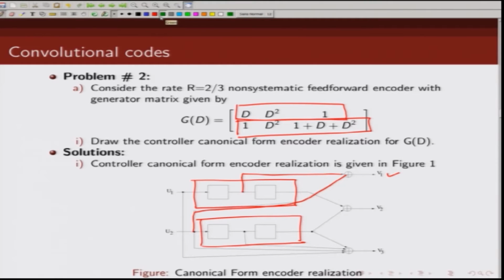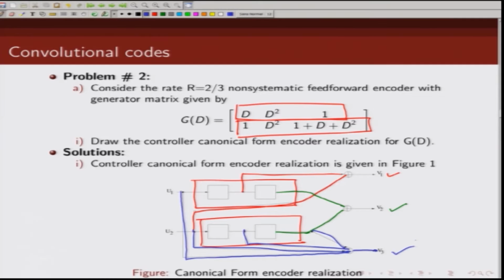The second output is D square times u1 and D square times u2. So, that is this, and the third output is u1, which is this, and this is u1, D times u1, D square times u1. So, that is your third output. Okay.